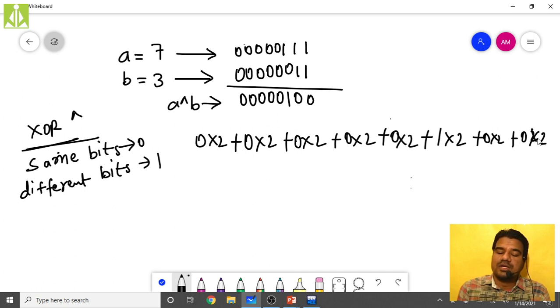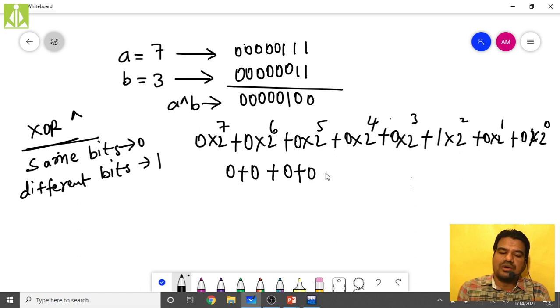Now put the powers 0, 1, 2, 3, 4, 5, 6, and finally 7. All the terms with 0 multiplied with something will be 0 only, plus 1 multiplied by 2 to the power 2, that is 4, plus 0, plus 0. The final value, when you add all these things, you will get 4.